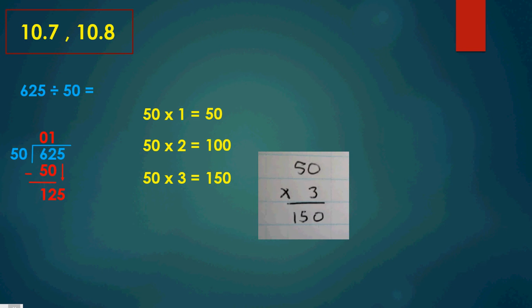Good job. How am I going to resolve it? With pencil and paper, okay? 50 times 3, I'm going up, 3 times 0, it's 0, and 3 times 5, 15. Okay, but 50 times 3 is 150. Me paso, okay? So I'm going to use 2.